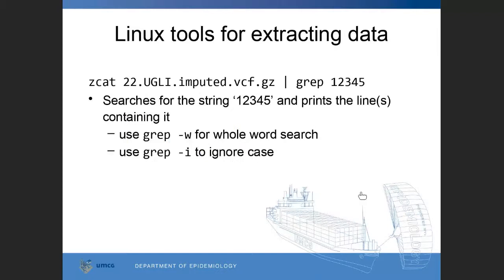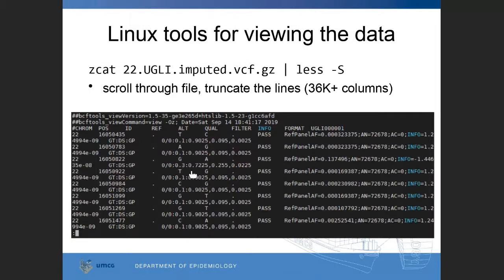But this is just the start of the chromosome. There are many SNPs within this data file, and you can scroll through it. Also, with the less command, you can search in your output with the slash and then put your search term.